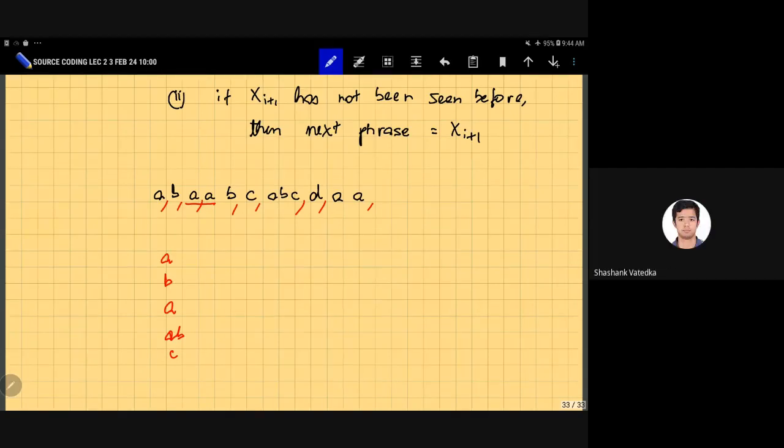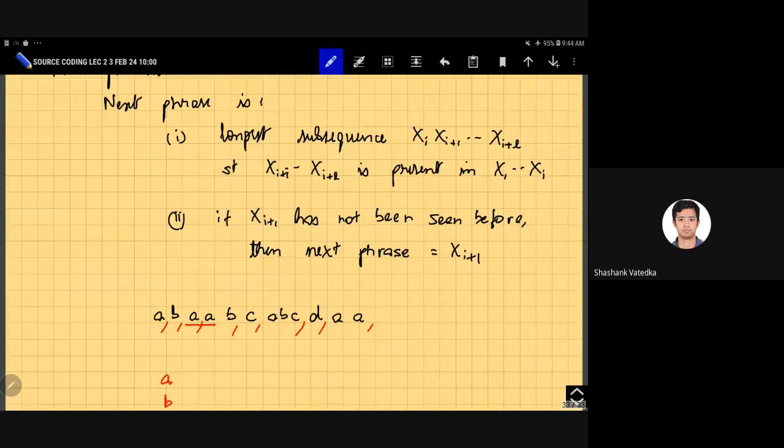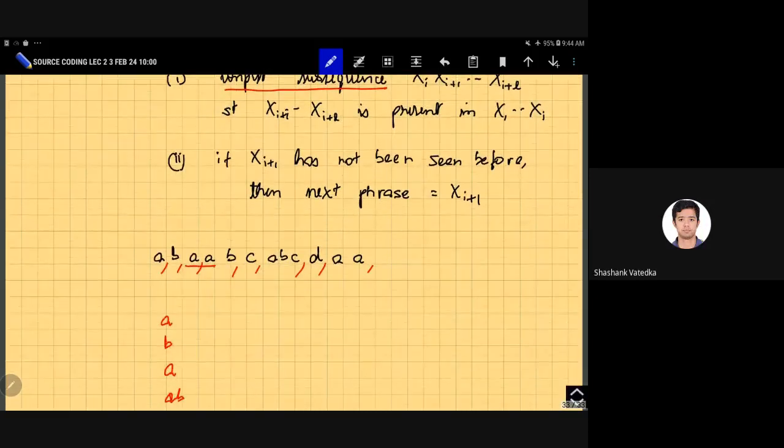No, right? So it is the longest subsequence which has been seen before, right? So prior to this point, I have only A. I don't have an AA occurring before this, right? So just A is going to be the next phrase.